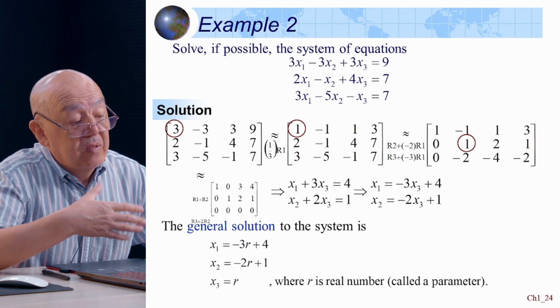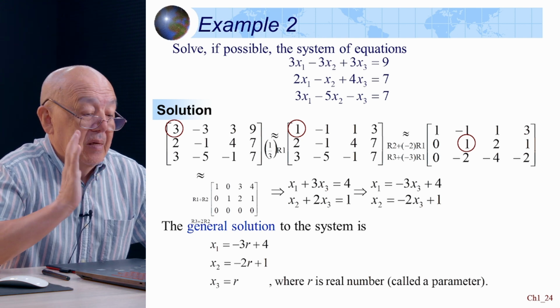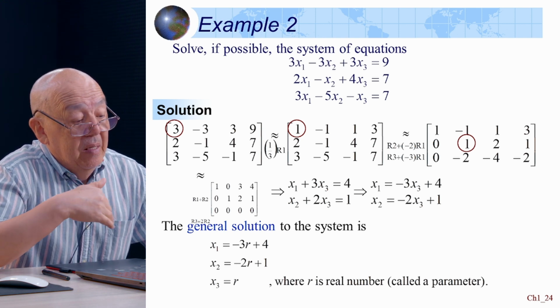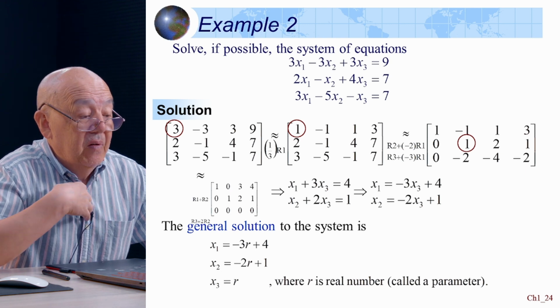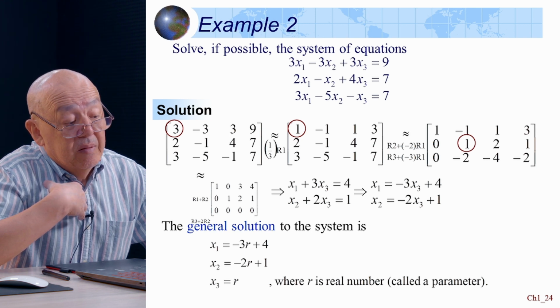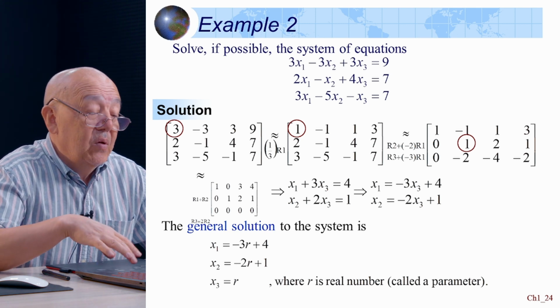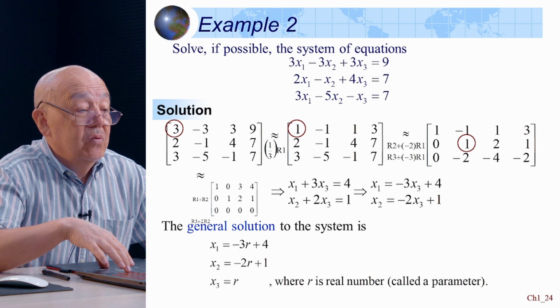For example, you may write, let x3 be r, some parameter, and express the other variables x1, x2 via this r. So x1 will be minus 3r plus 4, x2 is minus 2r plus 1. This will be the solution. Again, we have infinitely many solutions to this system.